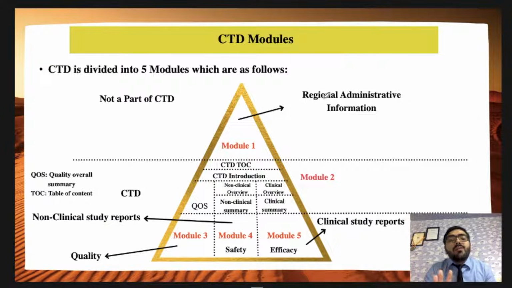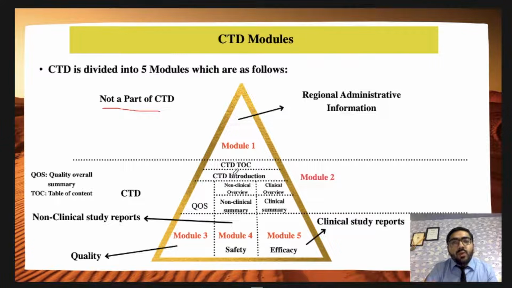Okay. Then coming to CTD modules. So there are 5 modules of the CTD: Module 1, 2, 3, 4, 5. Module 1 is not a part of the CTD, and it is also called the regional administrative information. So module 1 contains regional administrative information, and module 2 is divided into different parts.